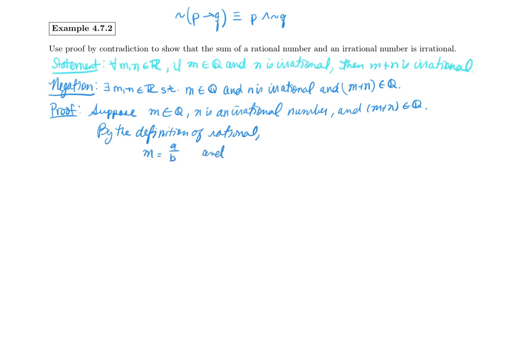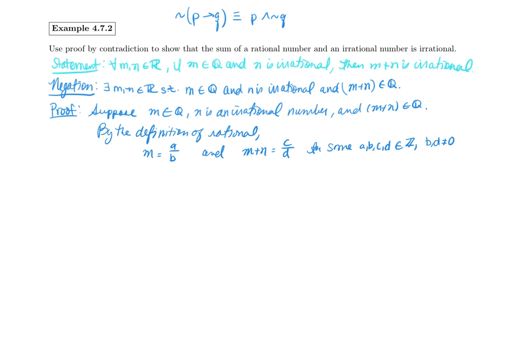And now instead of n, because n is not a rational number, we leave n out of this equation. What we're going to say, m equals a over b, and m plus n, which we're supposing is rational, is now equal to c over d, for some a, b, c, and d that are all integers, and remember that we can't divide by 0, so b and d are also not equal to 0. Total throwback to section 4.3.